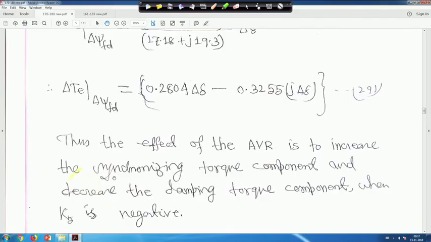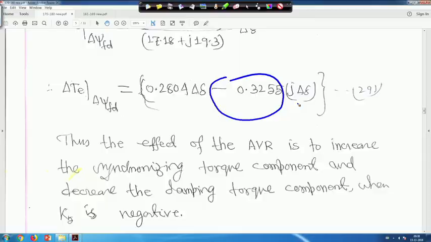So, the effect of the AVR is to increase the synchronizing torque component, because this term is positive, a function of delta delta, and to decrease the damping torque component when K5 is negative. When K5 is negative, this coefficient is negative, because the damping term is a function of j delta delta, or in phase with delta omega, as we will see later.